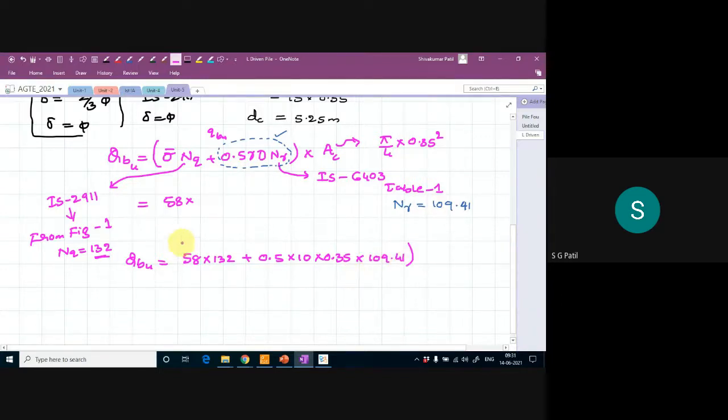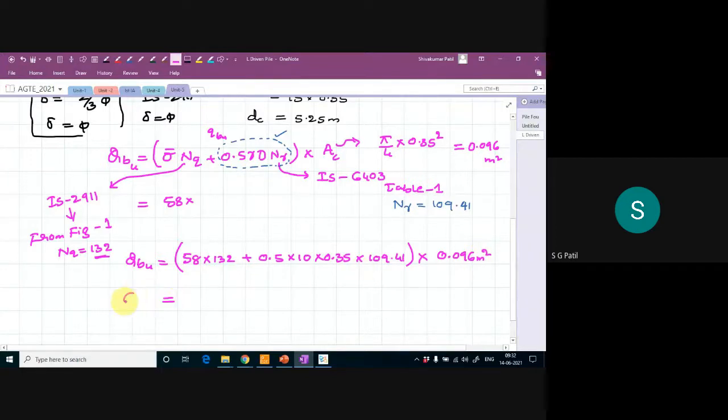Multiply by the cross sectional area. How much did you get? Pi by 4 into 0.35 squared, around 0.096 meter square.